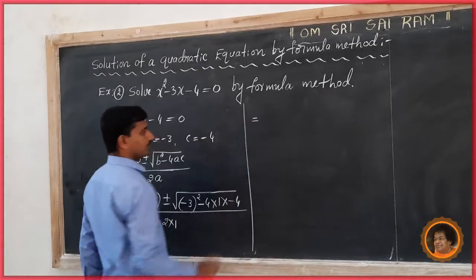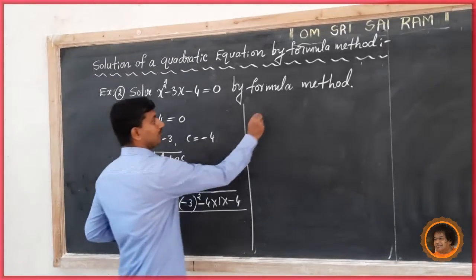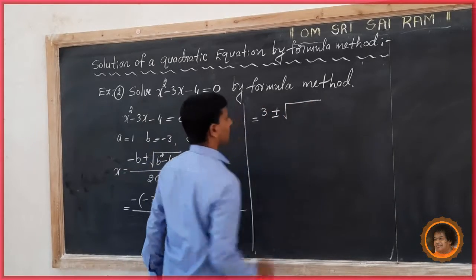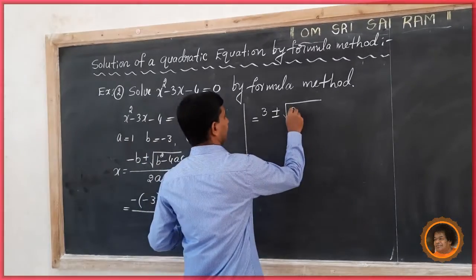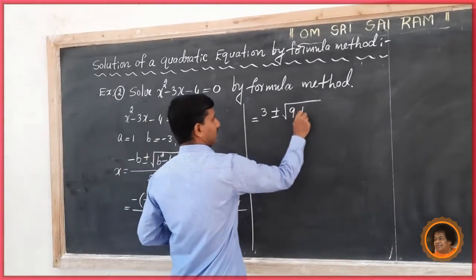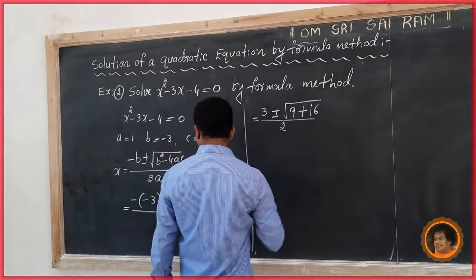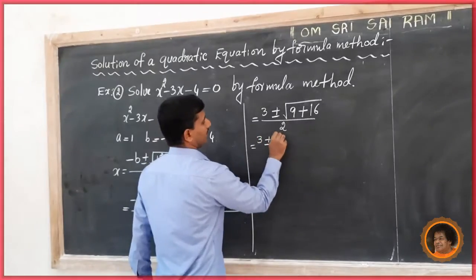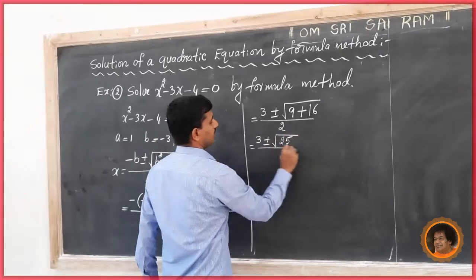Minus of minus 3 is plus 3, plus or minus square root of minus 3 whole square, minus 3 into minus 3 is 9. Here minus into minus is plus, so plus 4 into 4, 16, divided by 2 into 1, that is 2. So equal to 3 plus or minus square root of 9 plus 16, 25, divided by 2.